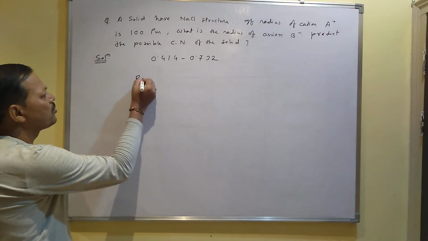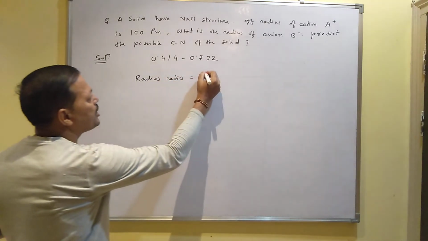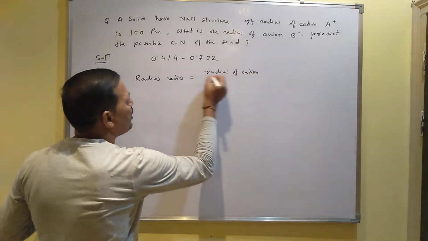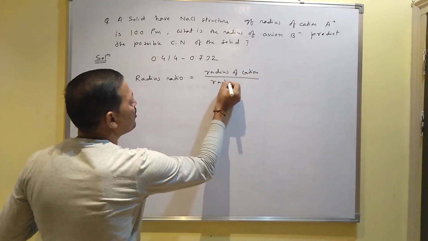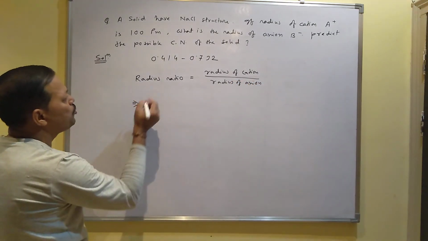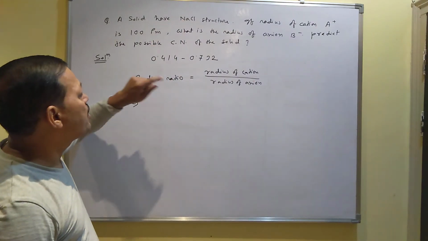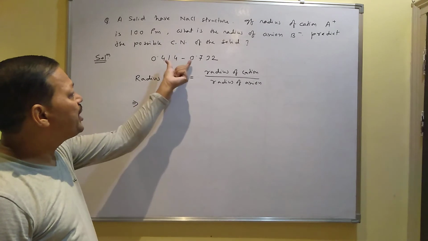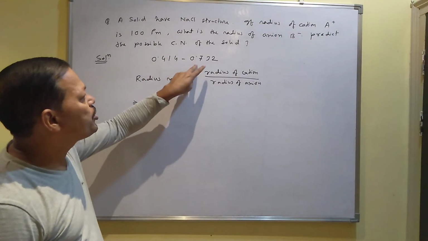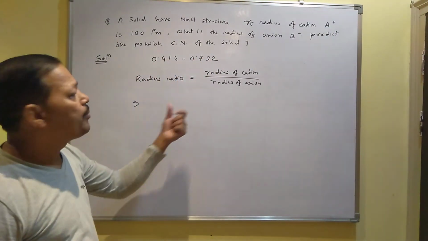As you know, radius ratio is equal to the radius of the cation divided by the radius of the anion. Now you put the radius ratio value. Which value will you take? You will take both, 0.414 and 0.732. First you will take the minimum one, then the maximum one.